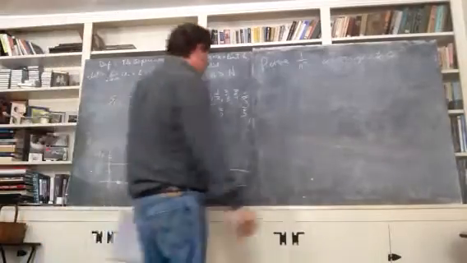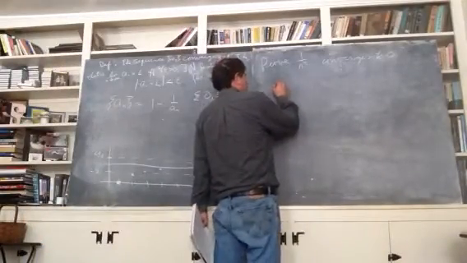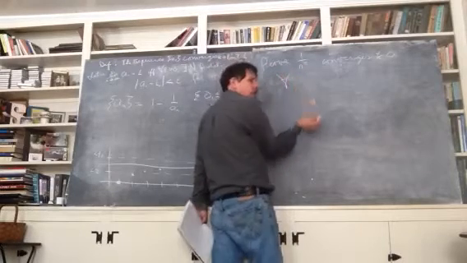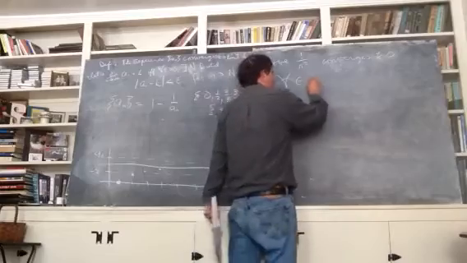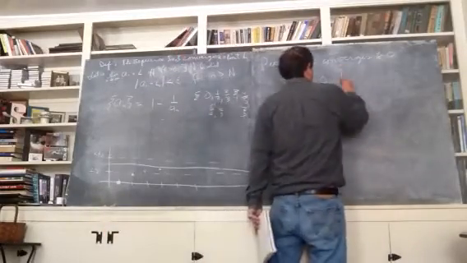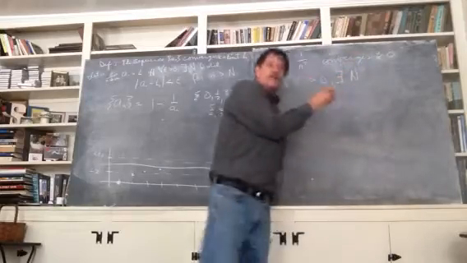In order to do that, we're given any epsilon. For every epsilon greater than 0, there exists an N, which is an integer, by the way.